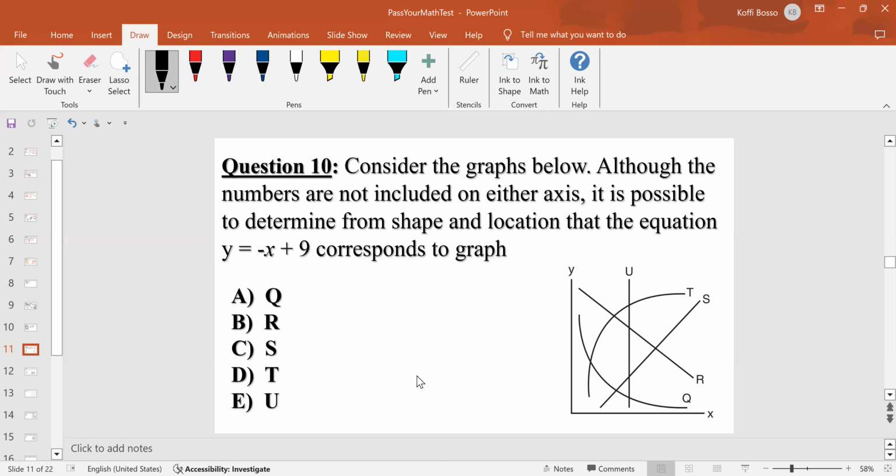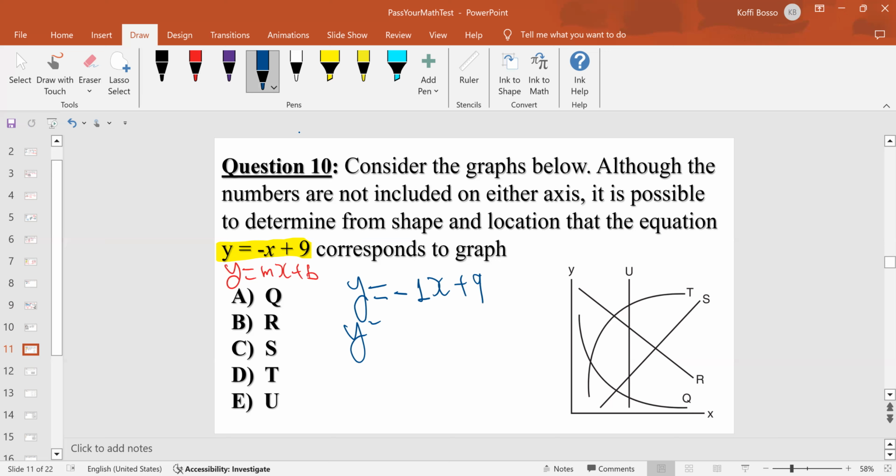Understand that this equation is the equation of a line, and the form is y equals mx plus b. So here, we can rewrite the equation as y equals negative 1x plus 9.